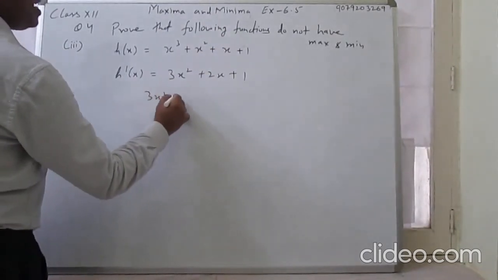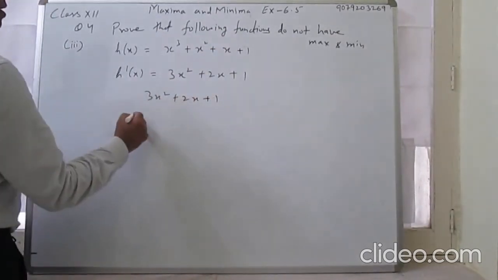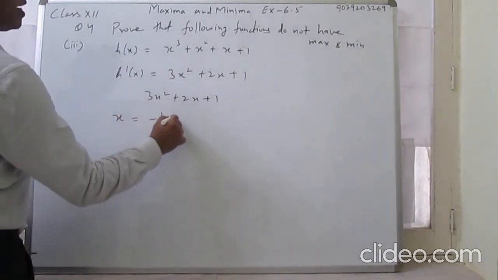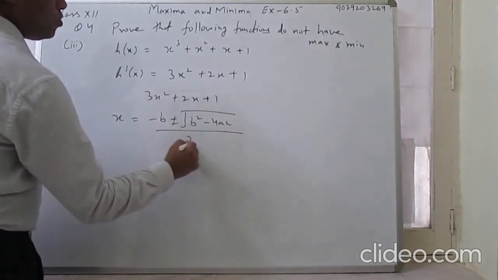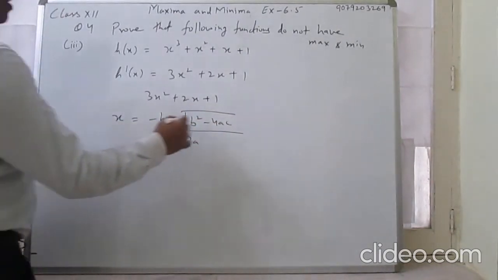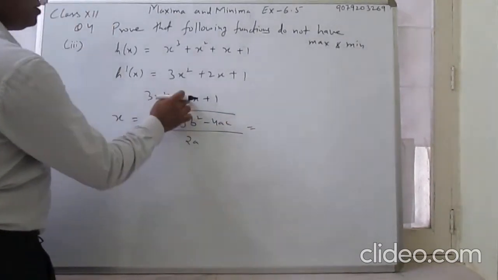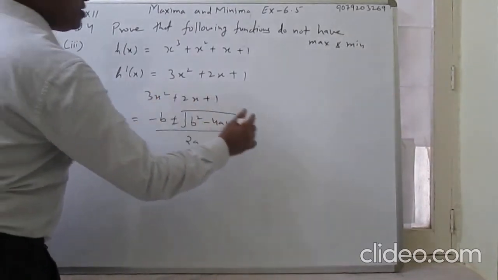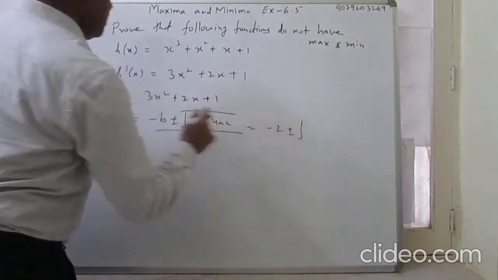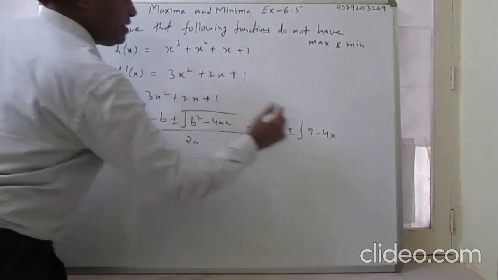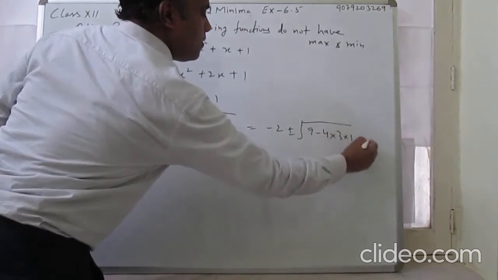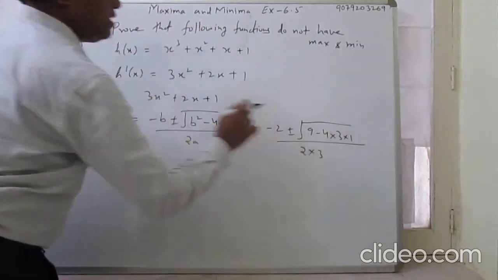If the equation is 3x square plus 2x plus 1, we know that x is equal to minus b plus minus under root b square minus 4ac upon 2a. Now b is the coefficient of x, so minus 2 plus minus under root b square 4 minus 4 into a 3, c 1, upon 2 into a 3.